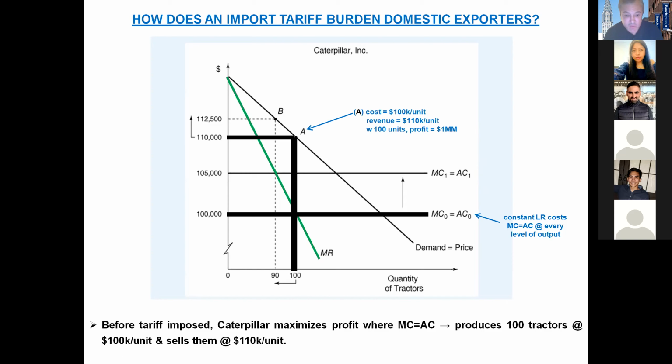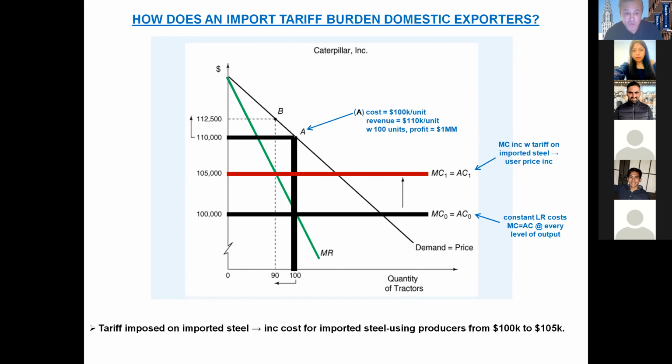Okay, so what happens when there's a tariff imposed? When the tariff is imposed, the cost of producing a tractor goes from $100,000 to $105,000. That's obviously going to have an effect not only on market demand but market supply.